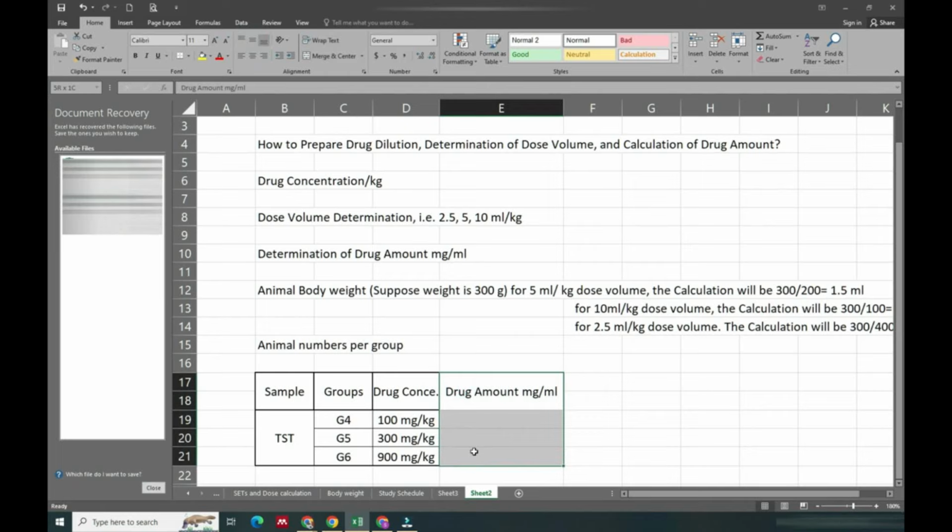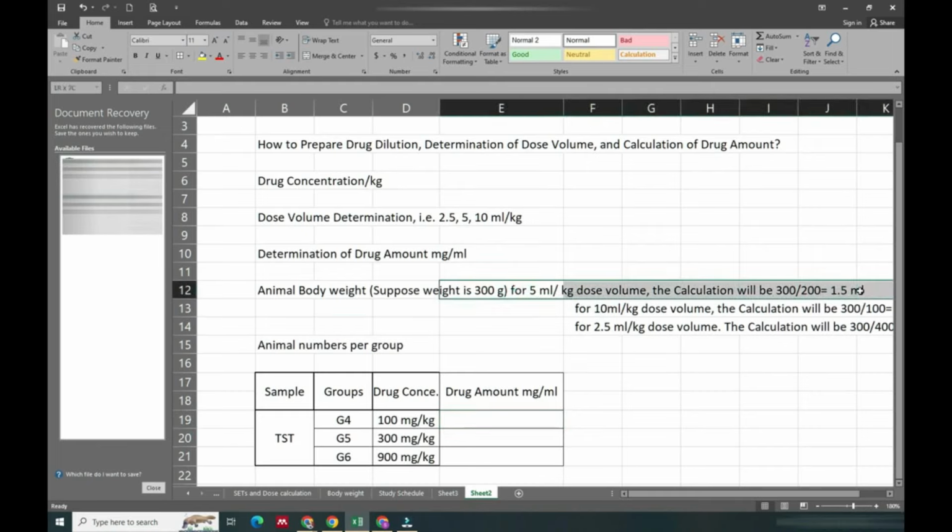For that I'm preparing a frame for the table. So we will calculate here for the 5 ml per kg dose. So we have to fix one dose volume here in this condition. So here 100 mg is the dose. So we have to divide it by 5, 100 divided by 5. You have to remember these rules.